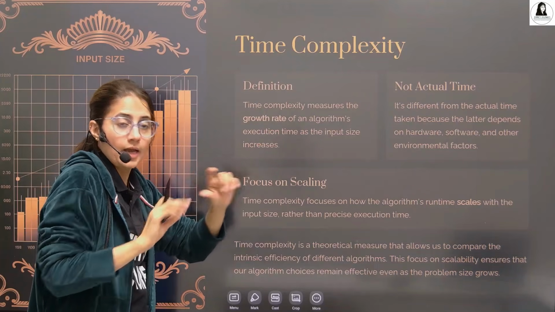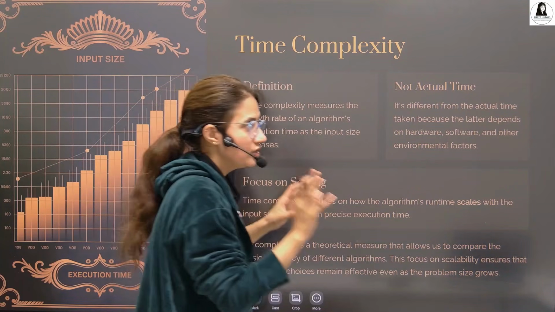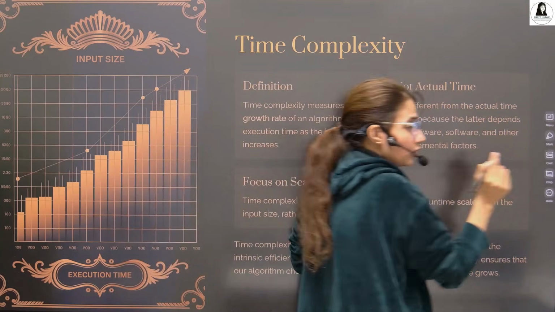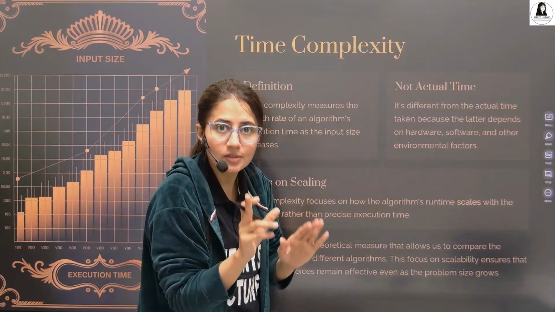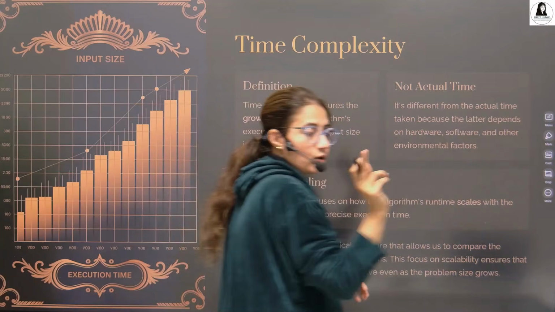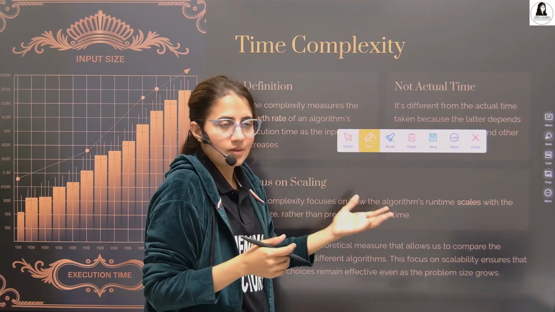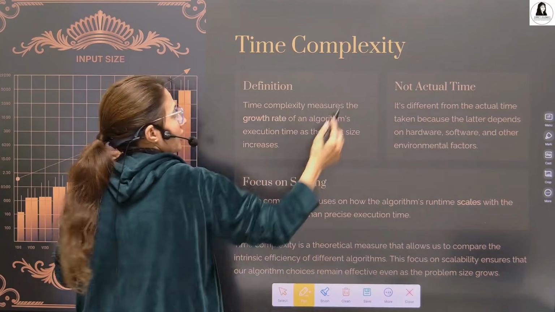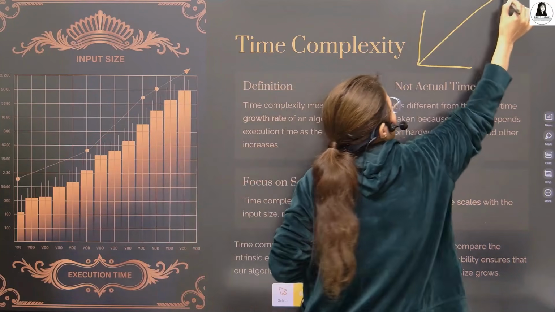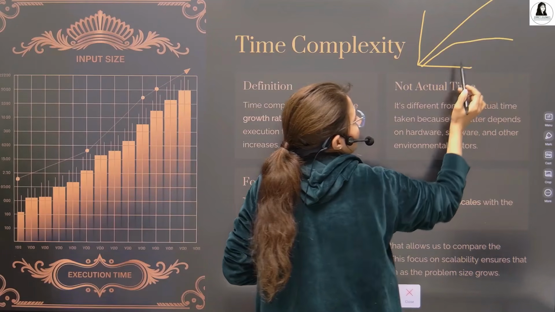And from that graph, we can easily say an algorithm with time complexity log n is better than an algorithm with time complexity order of n, because as the graph says, if it takes order of n, then it will move something like this, and if it's log n, then it will move something like this, steadily.